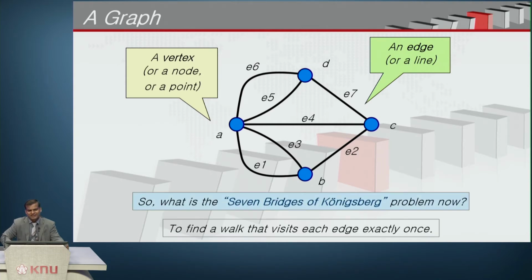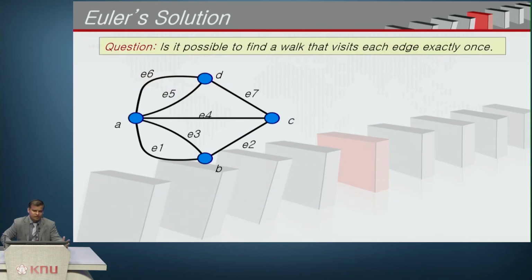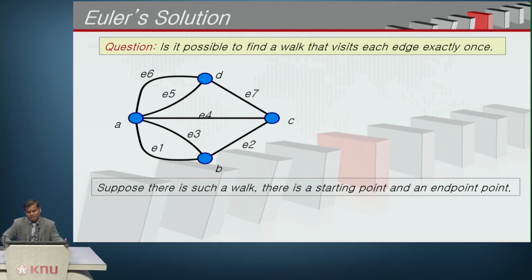In fact, to find a walk that visits each bridge exactly once, we can ask: is it possible to find a walk that visits each edge exactly once? Because we have converted this into an edge problem right now. Suppose there is such a walk, with a starting point and an end point.